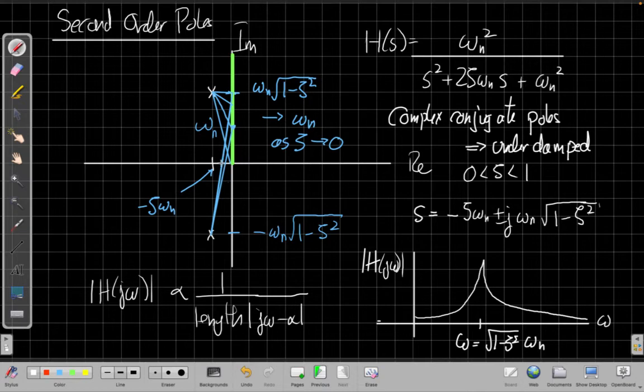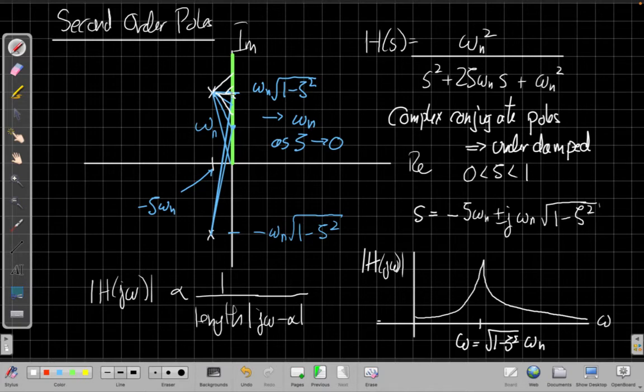And so as ζ gets smaller and smaller, this pole is moving in towards the imaginary axis, and the other thing that will happen is that this peak will get sharper and sharper. If I think of why, it's because of the 3 dB points: these are the regions of how far up and down from the pole I get to go for this 3 dB down, and the closer the pole gets to the axis, the tighter that triangle gets.